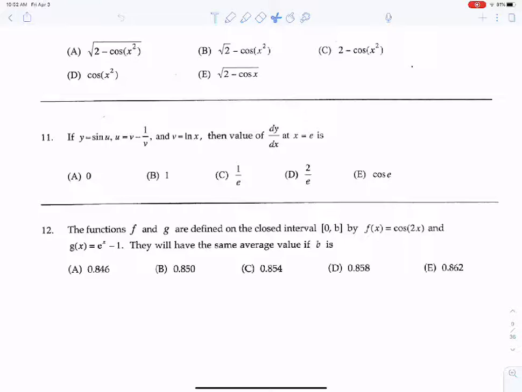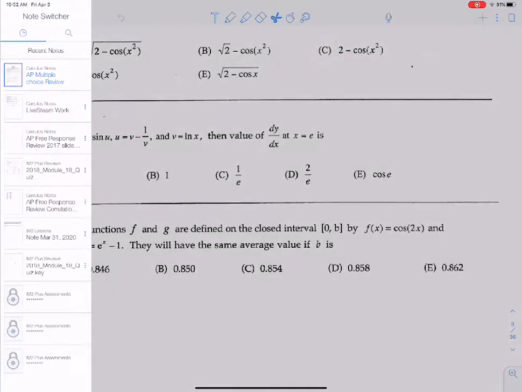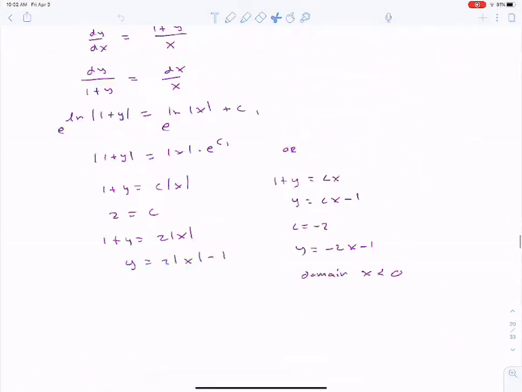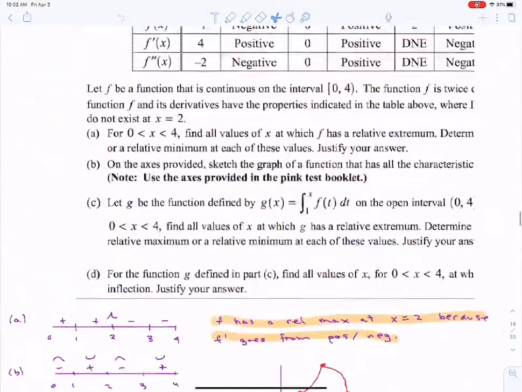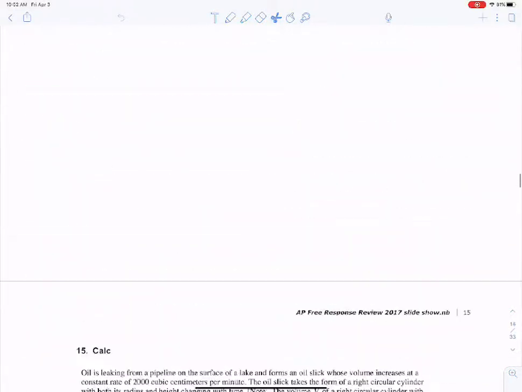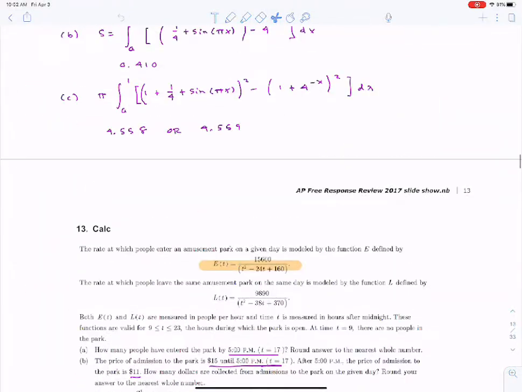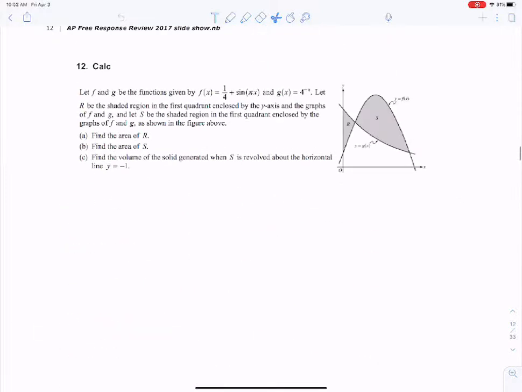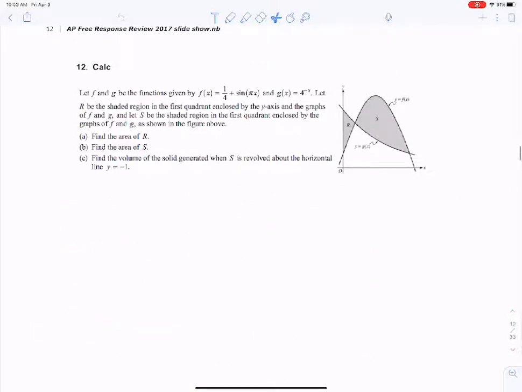Kind of surprises me. So let's go to number 12 here. Free response. Okay, let's do it.